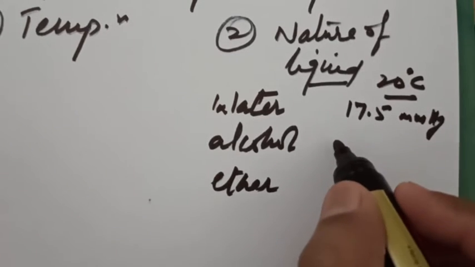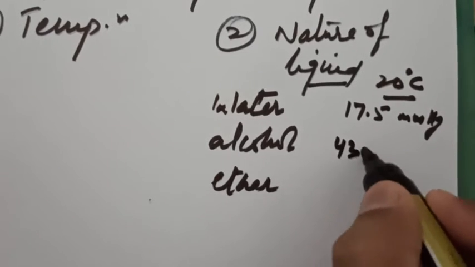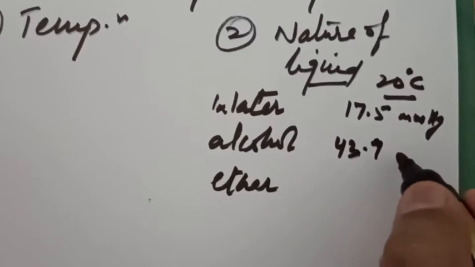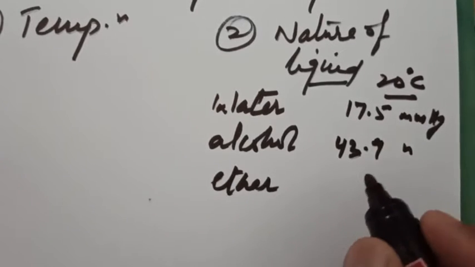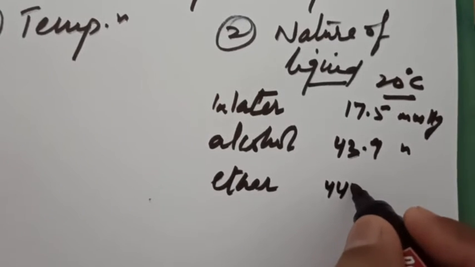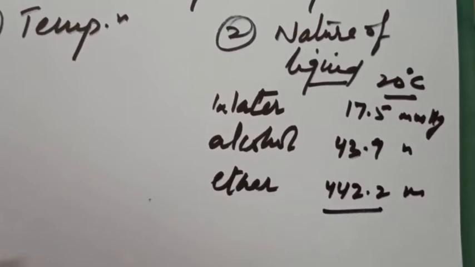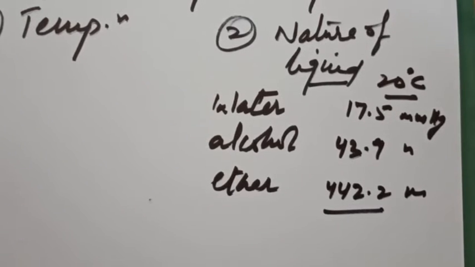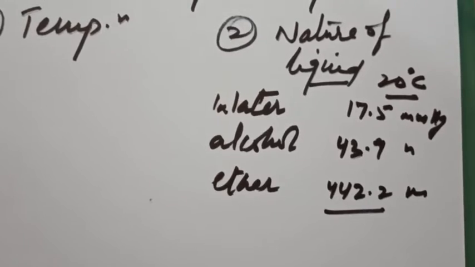Ethyl alcohol shows 43.9, and ether shows 42.2, very high, because it has very weak interparticle forces of attraction. So nature of liquid matters in terms of vapor pressure.